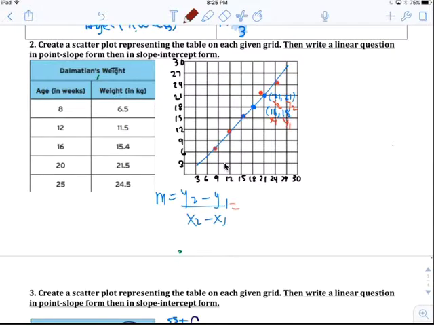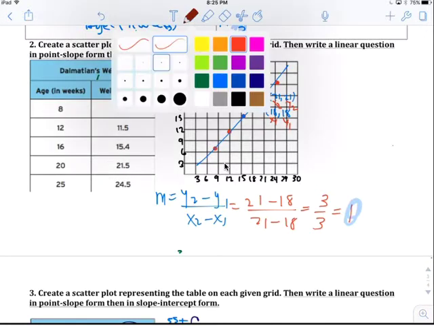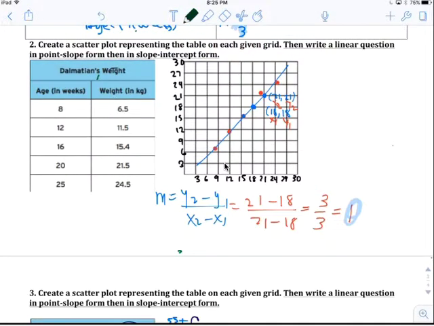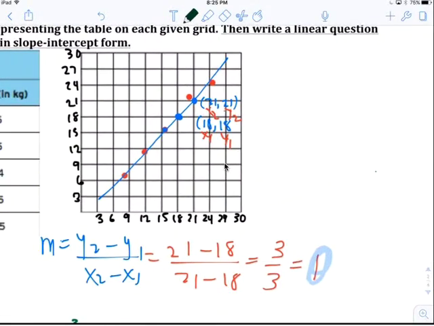So we do 21 minus 18 over 21 minus 18, which is 3 over 3, which is equal to 1. Okay, this is important. This number 1, you take that and you do y minus y1 equals m parentheses x minus x1.